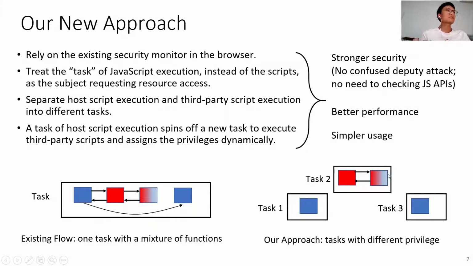The second task runs the risky script function. The host script can assign privileges to this task, and the entire execution of this risky script will be restricted, even in the case of a confused deputy attack. And with our approach, the web developer can restrict the third-party script much more easily because she only needs to specify privileges for this risky task.